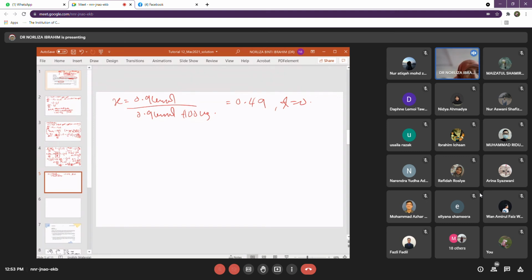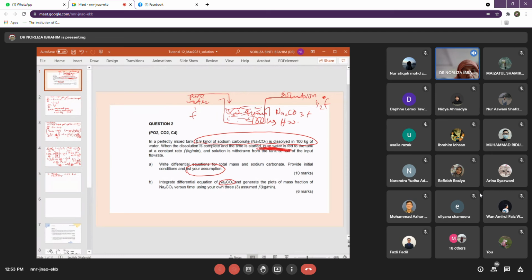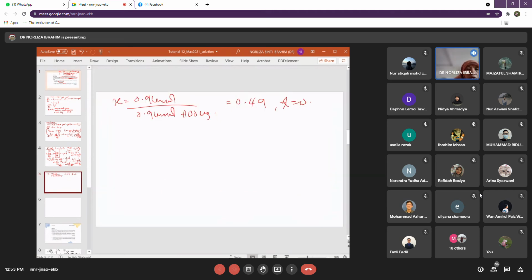Okay, and then to solve b, you need to integrate. Because you are required to integrate the differential equation of Na2CO3 and generate the plots of mass fraction of Na2CO3 versus time. So you have to integrate dx over dt equal to minus x f dot over 195.4 plus half f dot t.